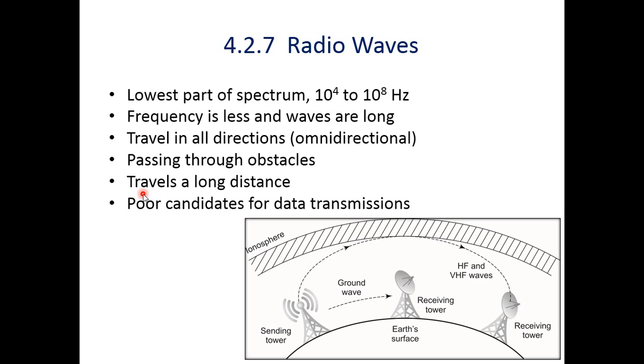We can easily enjoy a song while sitting in a car, or moving from room number 1 to room number 2. But a limitation of the radio wave is that it is a poor candidate for data transmission. We will see later on.